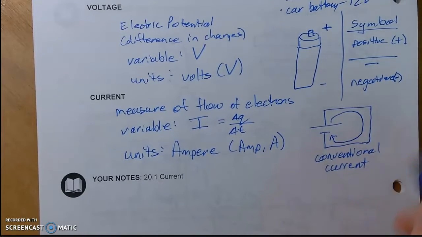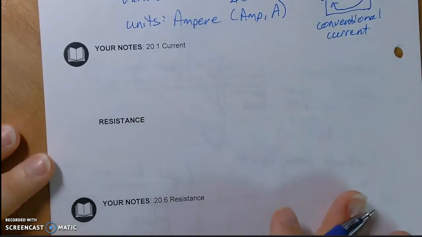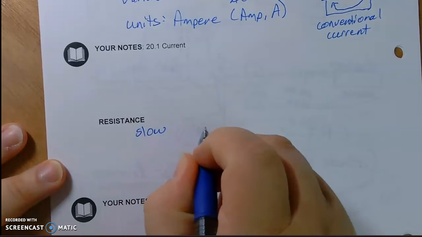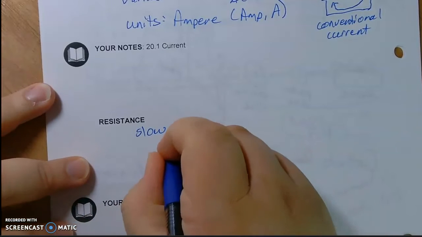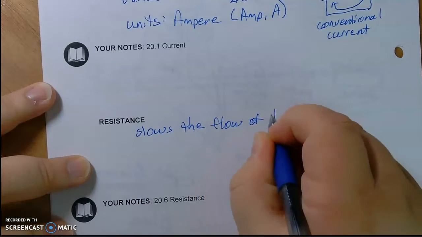The way they're designed, it all still works. So that leaves us with resistance. Resistance is, or something that has resistance, slows the flow of the current.